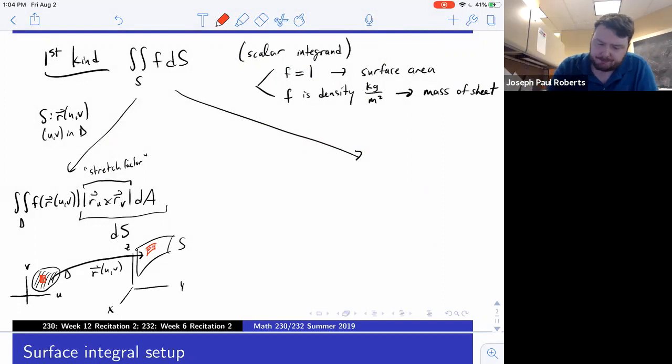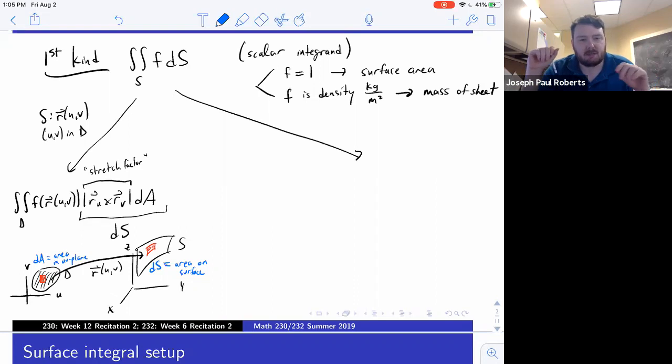And so dS measures area on the surface, whereas dA measures area in the UV plane. And so this length of RU cross RV, that stretch factor, is giving the relationship between these two areas, is the way you want to think about it. Okay, so anyway, that's that.